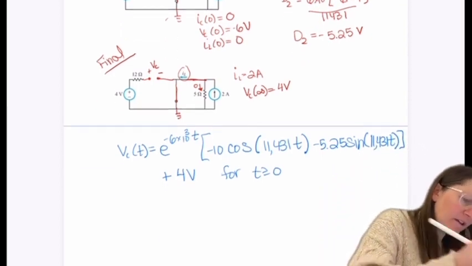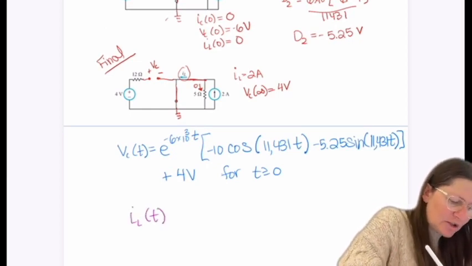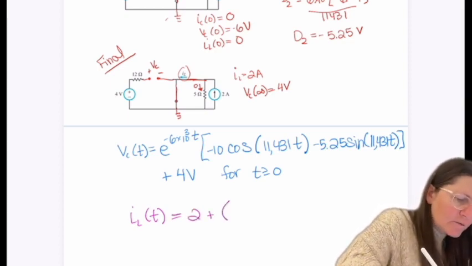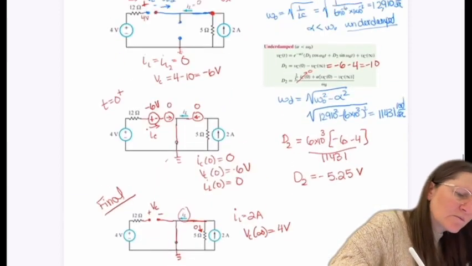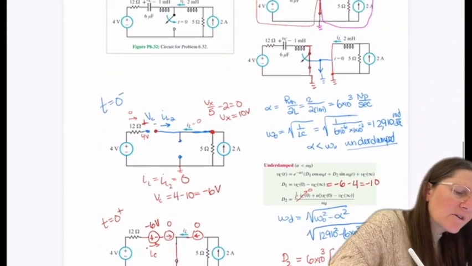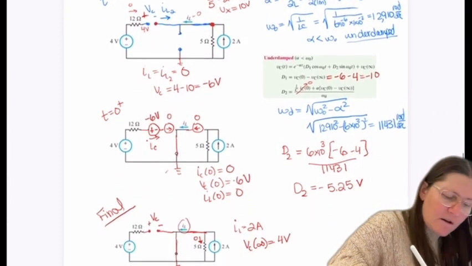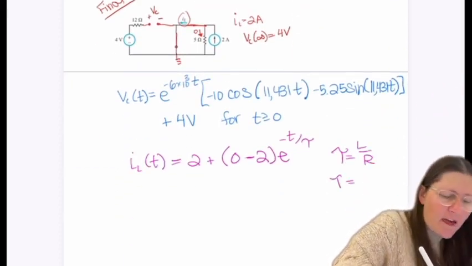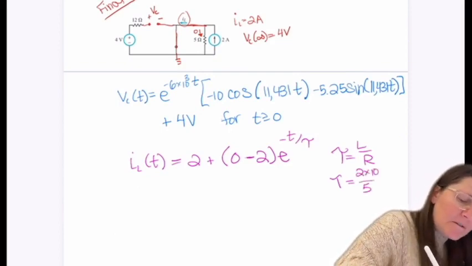And then on the other side, we have IL of t, so it's going to be the final value, which is 2, plus the initial value, which was 0, minus the final, e to the minus t over tau, and tau will be RTH, which was 5, or wait, sorry, this is L, so L over R. And R was 5, and L is 2 milli.